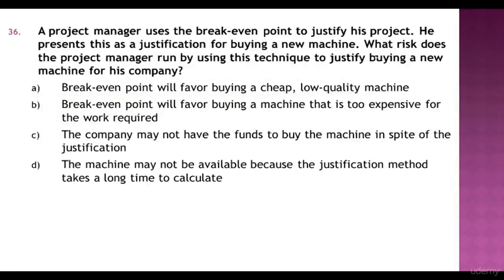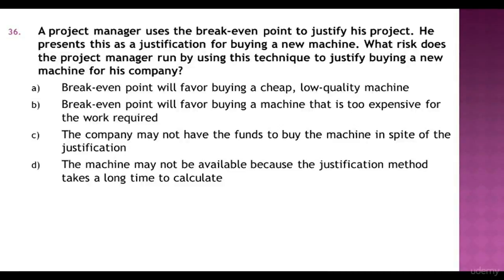Question 36. A project manager uses the break-even point to justify his project. He presents this as a justification for buying a new machine. What risk does the project manager run by using this technique to justify buying a new machine for his company? Break-even point will favor buying a cheap, low-quality machine.